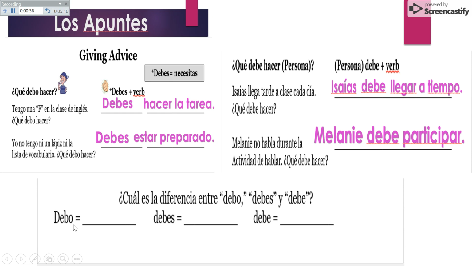Debo is referring to myself. I'm saying what I should do. Debes refers to the person I'm talking to. I say, you should do this. And debe refers to the person I'm talking about. I'm talking about one person, so I'm saying he or she should do this. All right, take a breath. We're about to move on to the next segment.